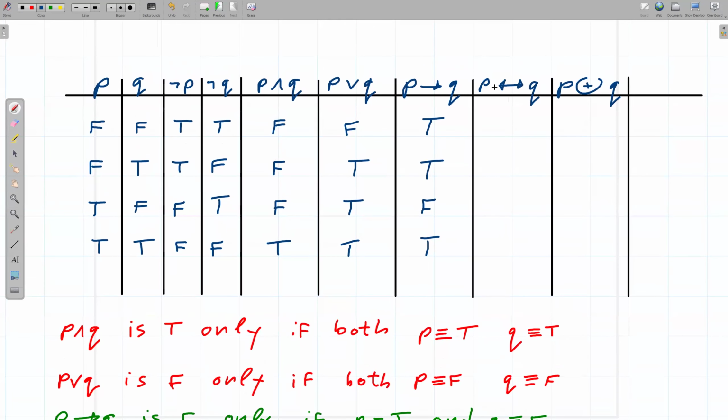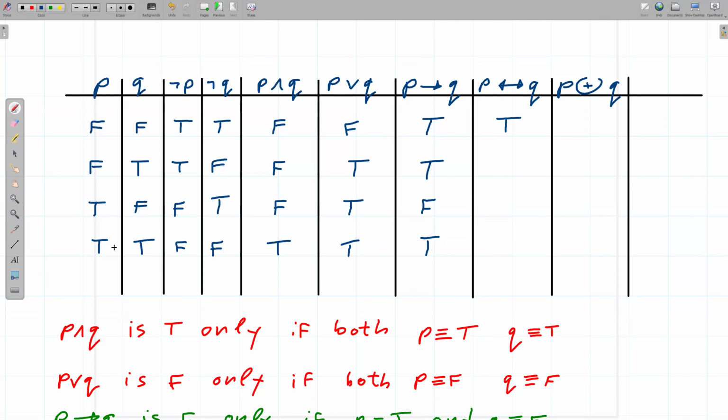What about P if and only if Q, that is, P implies Q and Q implies P? This is the meaning of this sign. It means that P and Q go together. Either both are true or both are false. So if P and Q are both false, then P if and only if Q has the truth value of true.